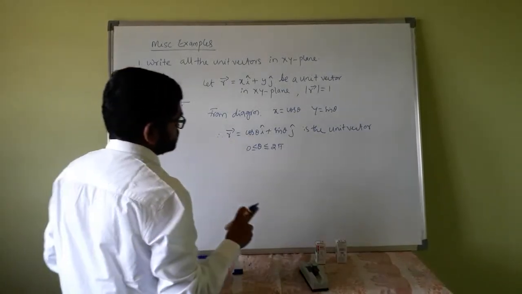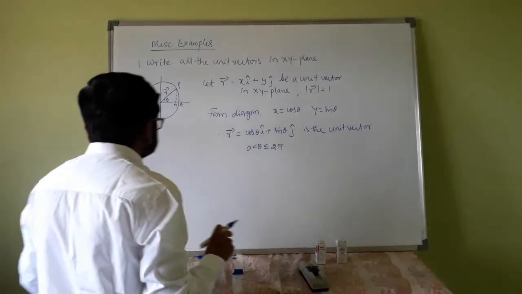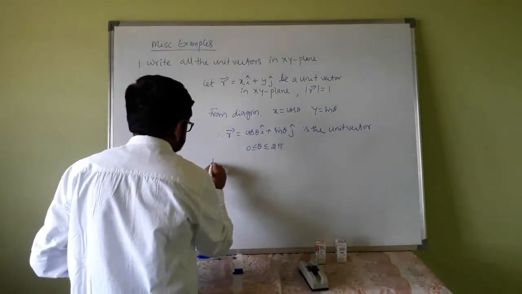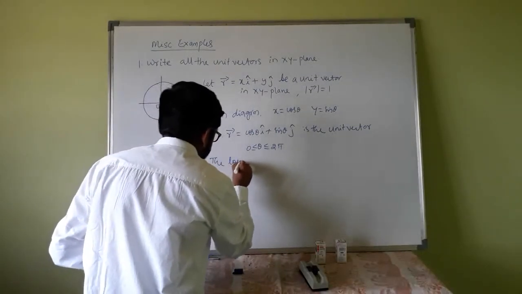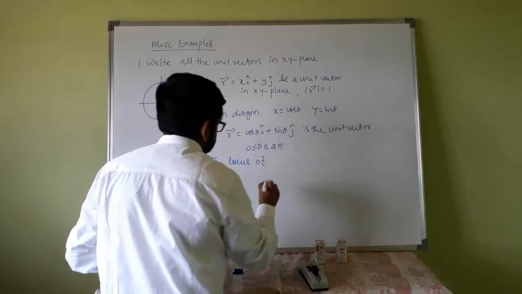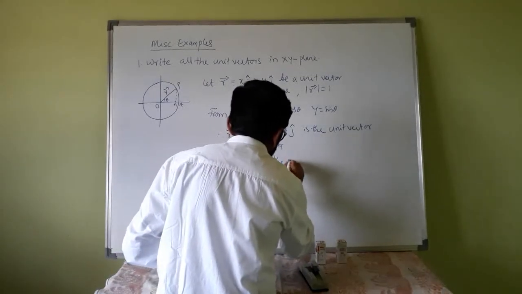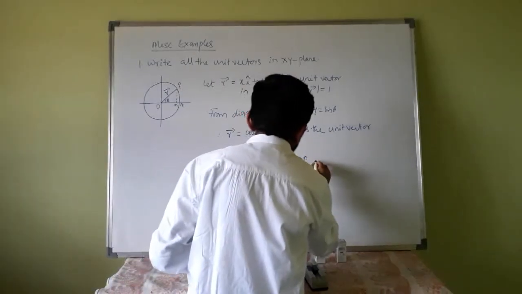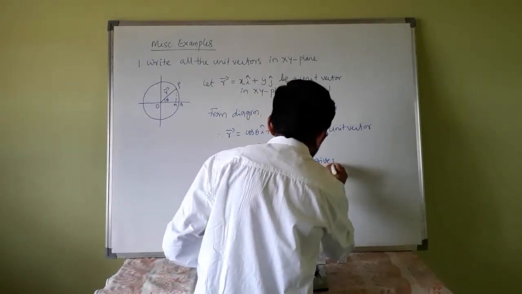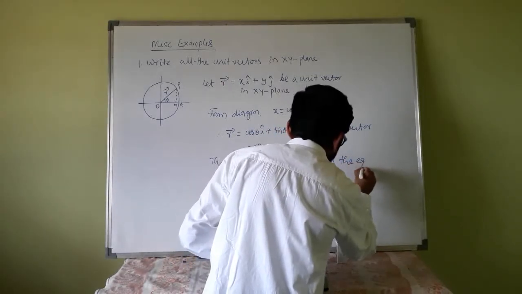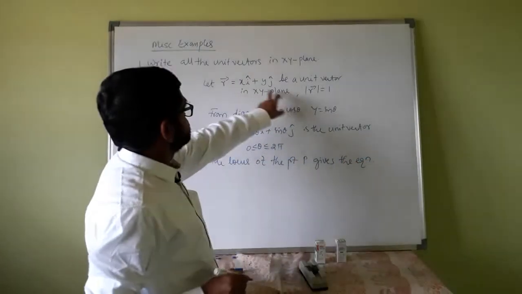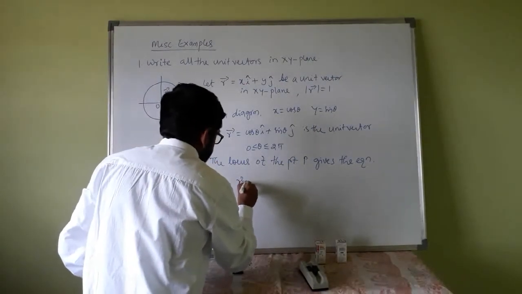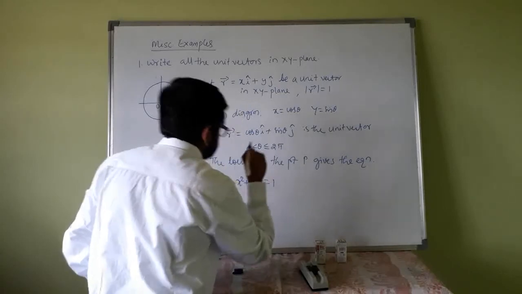And this is the locus of the point P. It gives the equation x square plus y square is equal to 1.